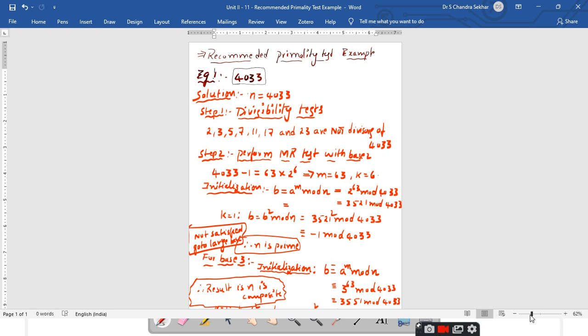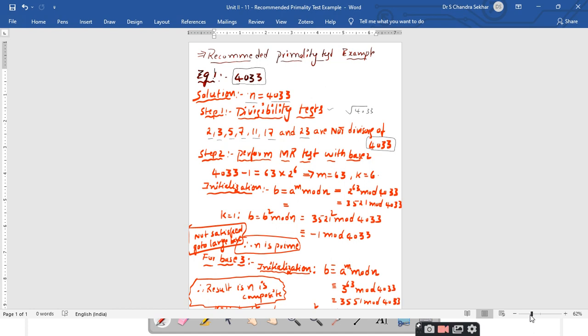So as the first step, any number that is given to you, you have to check whether it is prime or not based on the random divisibility tests. So I take n equal to 4033 and I take the set of prime numbers which are less than 4033, or less than the square root of 4033. Anything is okay. When I consider 2, 3, 5, 7, 11, 17 and 23, these are not divisors of 4033.